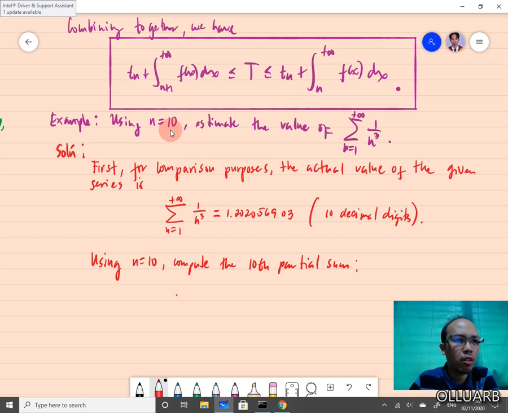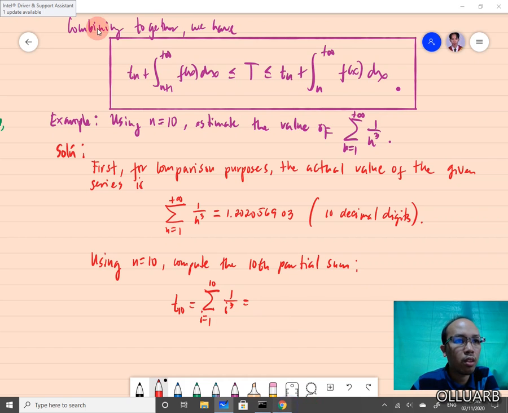So this is t sub 10, the summation of 1 over i cubed, and not n, i is equal to 1 to 10.